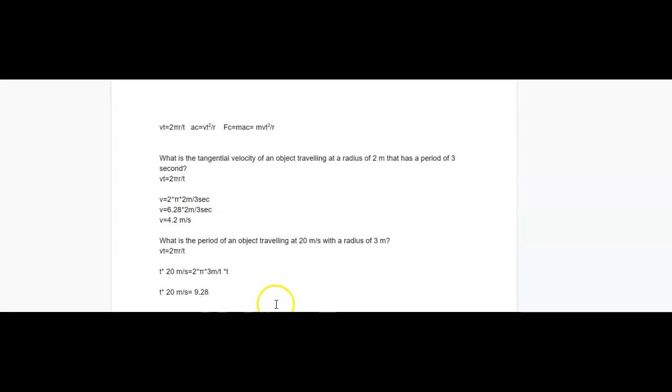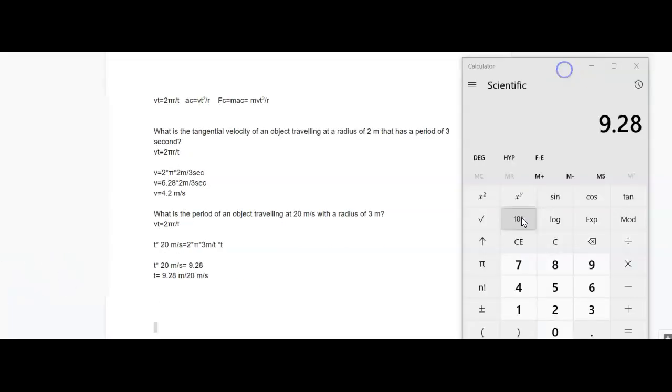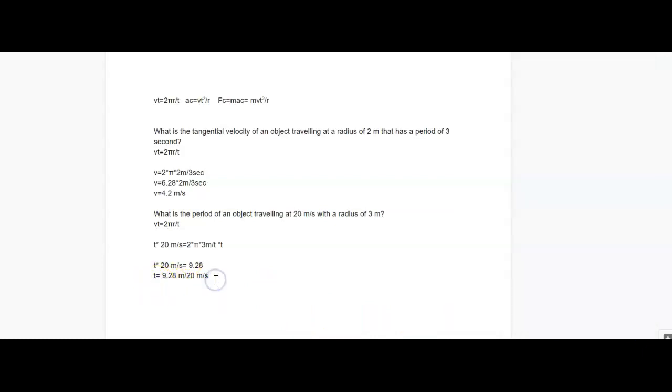Then I divide both sides by 20, so t equals 9.28 meters divided by 20 meters per second, which is 0.46 seconds. So there's how to do some tangential velocity problems.